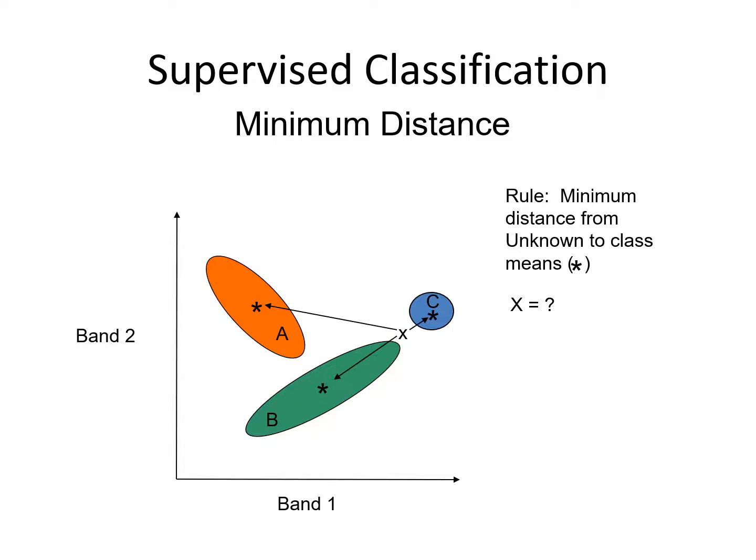And that works great. Things inside that circle, or that ovate object, mean there's a really good likelihood that it is exactly what we said it was.